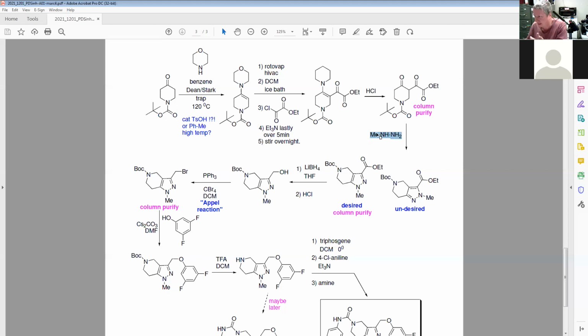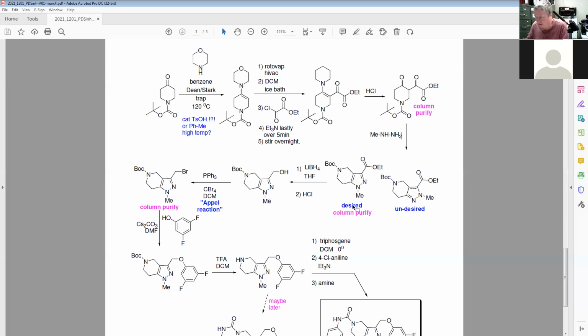So this one reagent, methylhydrazine, builds a ring because one nitrogen attacks here, the other nitrogen attacks there, and that's because there's some kind of favorability for all that, and that builds this whole ring.